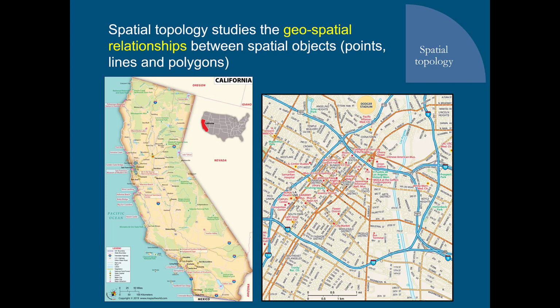In this case, this is the map of LA. You can say, well, Dodger Stadium, which is a geospatial object or feature, is to the north of the 110 Freeway. It's to the north of downtown. So we use those sentences to describe relative location information, right? That is spatial topology.